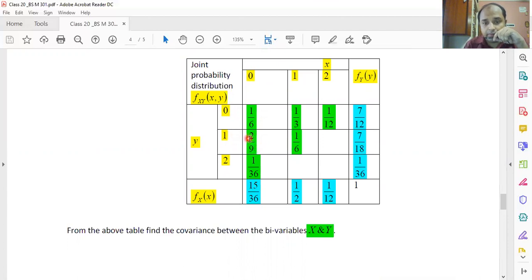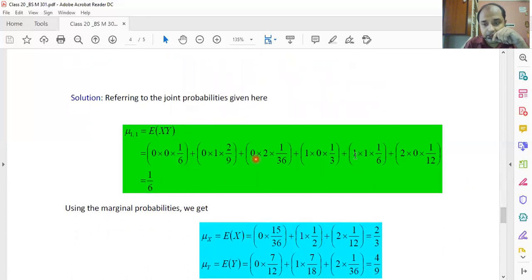So 0 into 1 multiplied by 2 by 9. Then 0 into 2 multiplied by 1 by 36. 1 into 0 multiplied by 1 by 3. 1 into 1 multiplied by 1 by 6. 2 into 0 multiplied by 1 by 12. So ultimately, by this calculation, we get 1 by 6 as the value of mu 1,1 prime.